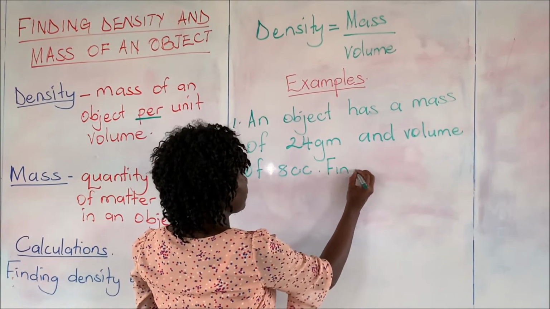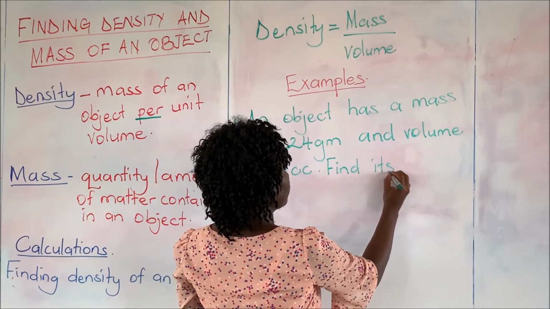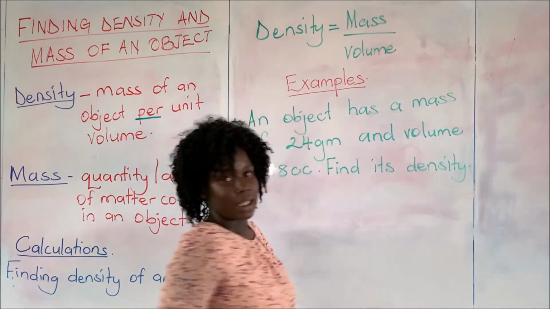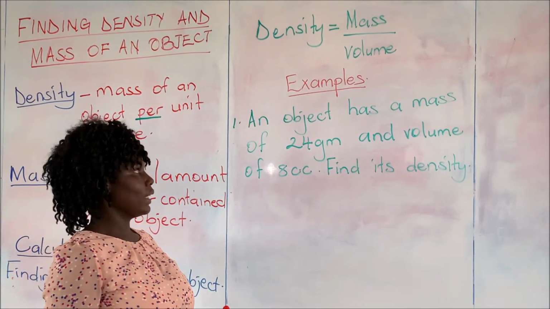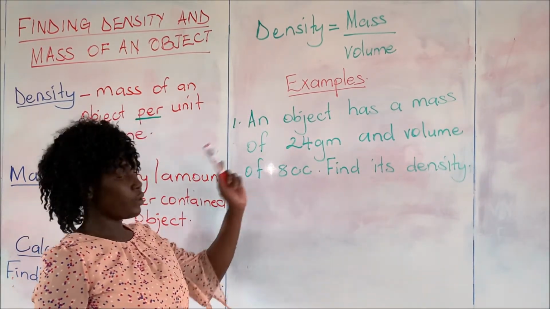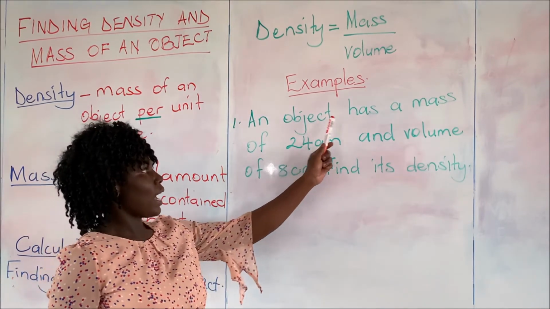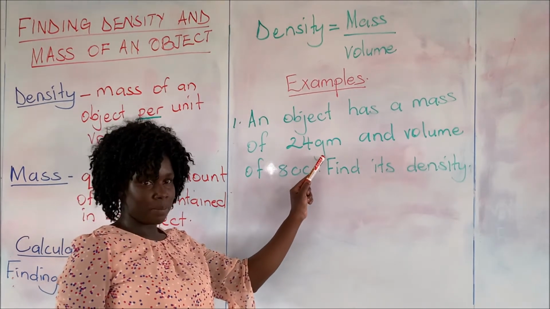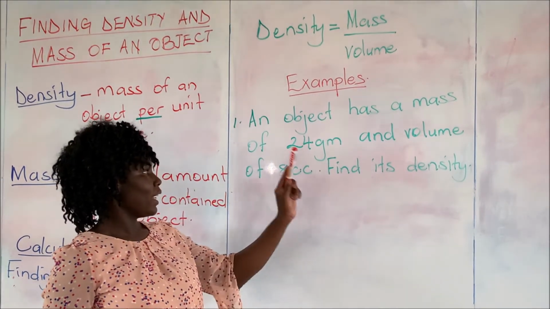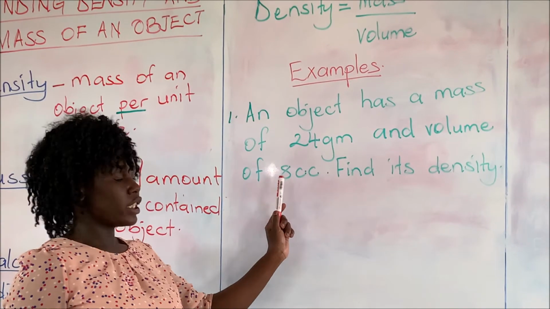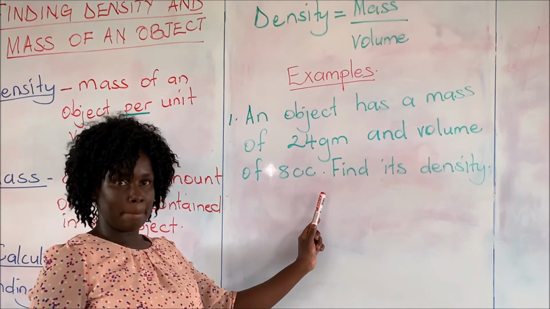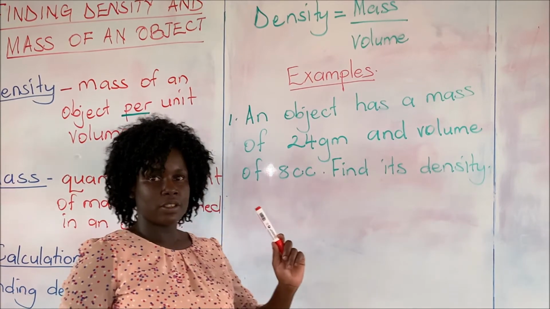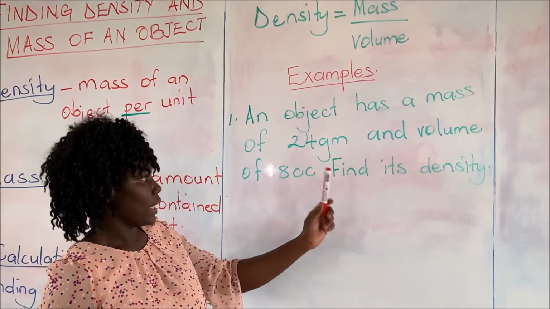Find its density. Let us look at our example number 1. Dear learners, we read together. An object has a mass of 24 grams and the volume 8 cubic centimeters. Find its density.